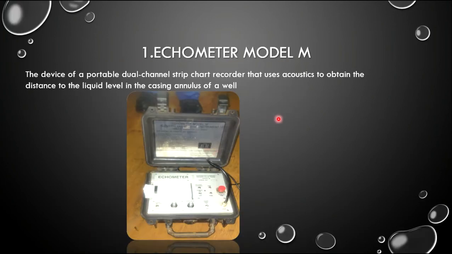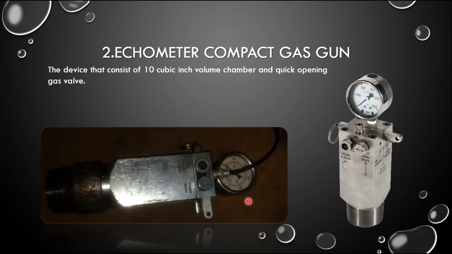Echometer Model M. We have several models. It is a portable device, a strip chart recorder that uses acoustics to obtain the fluid levels in the casing annulus of the well. So this is the device by itself.